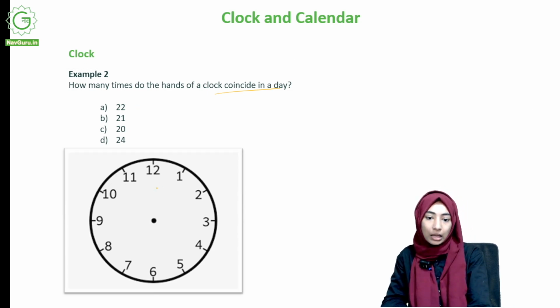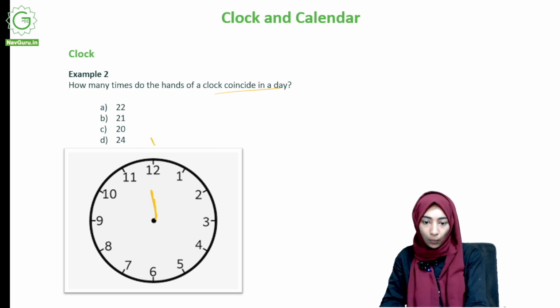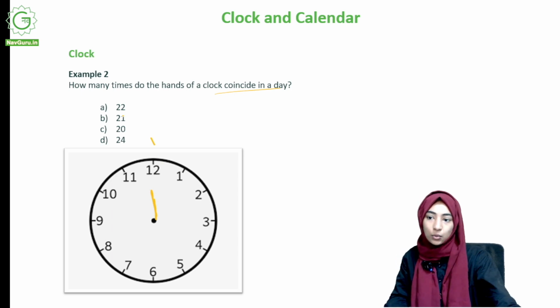Okay, so now if you look at 12, the hands coincide at 12:12, right? So at 12 it coincides at 12:12, so that's one time that the hands coincide.